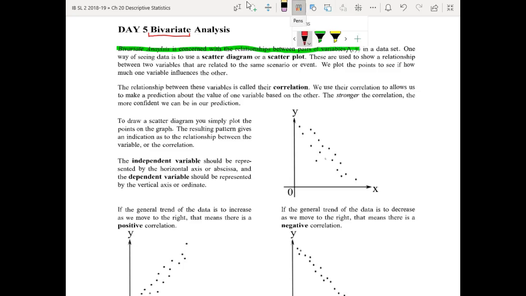The relationship between these variables is referred to as correlation.